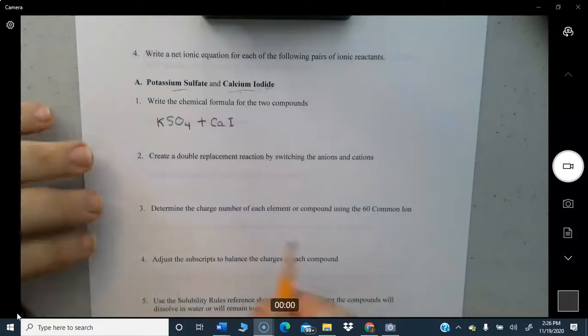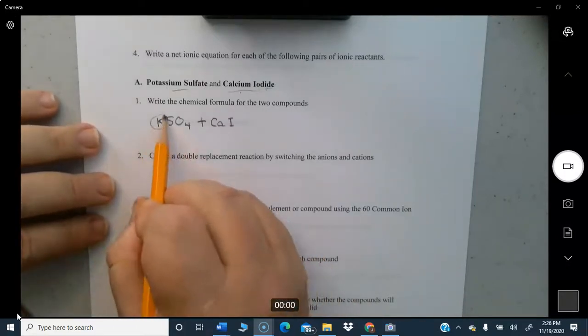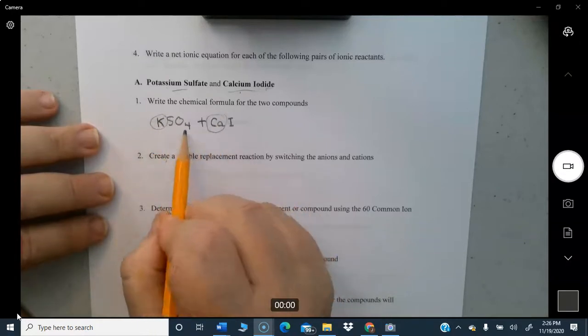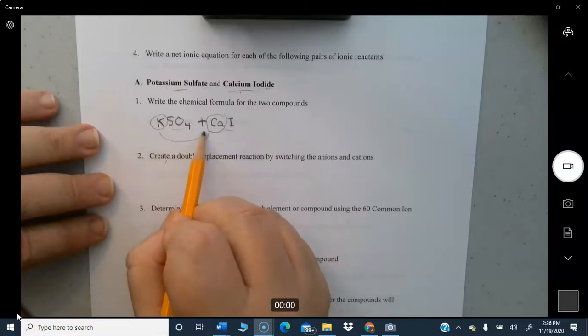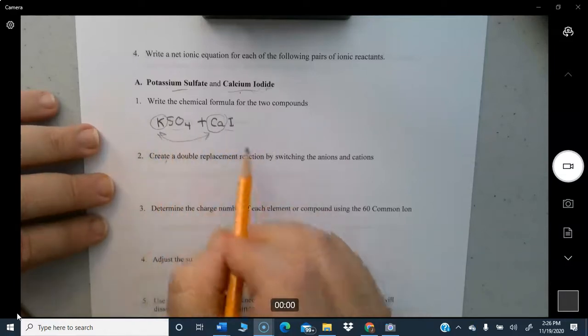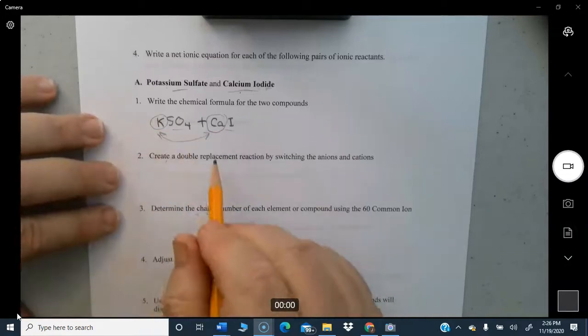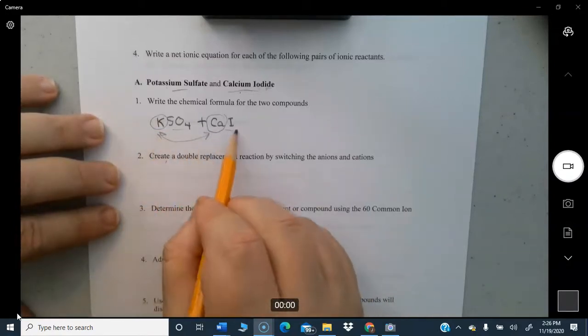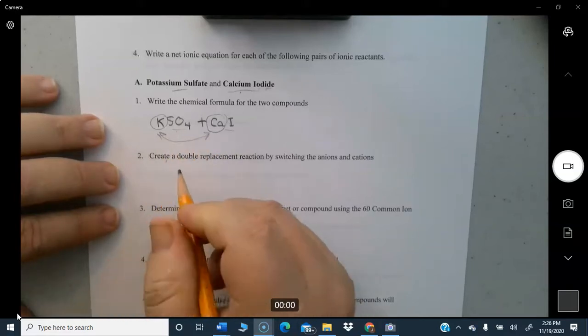Now we go to the next step. You create a double replacement reaction. So what you do is take, this is a cation, this is a cation. This is an anion, this is an anion. So these two just swap places. And it doesn't matter which order you put them in, whether you put the new one first. So we're going to put the K with the I and the Ca with the SO4. So I'm going to write that right here.